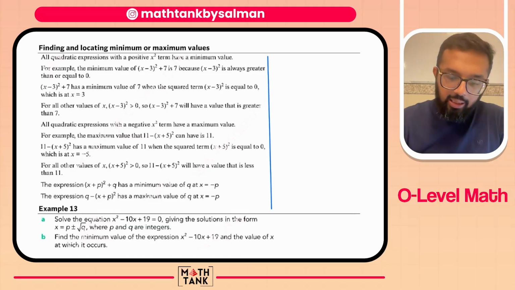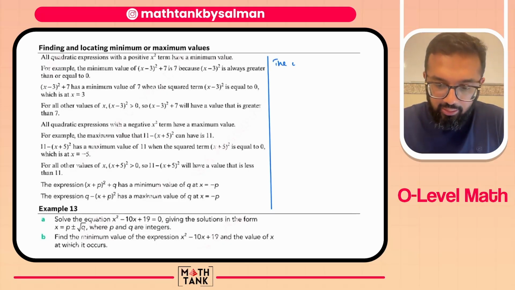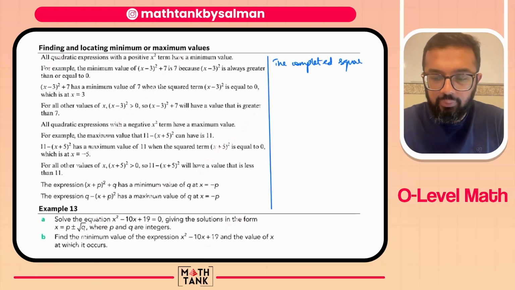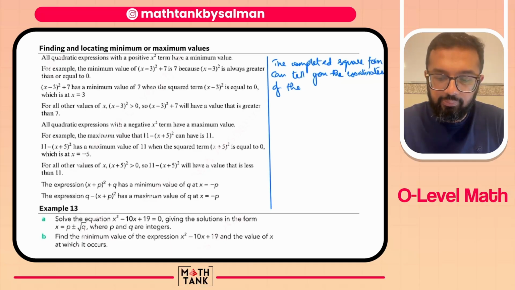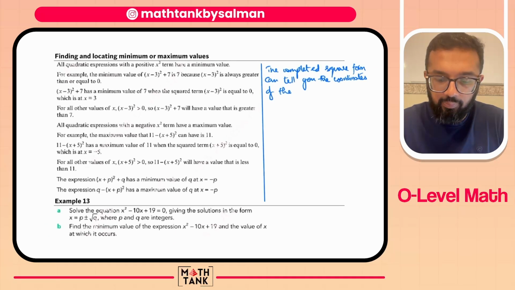The completed square form can tell you the coordinates of the turning point or vertex.